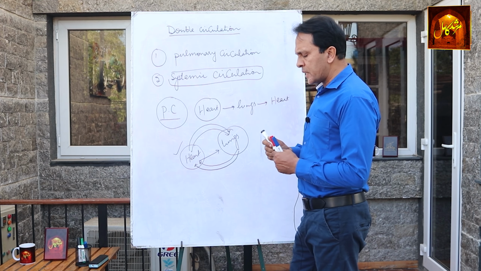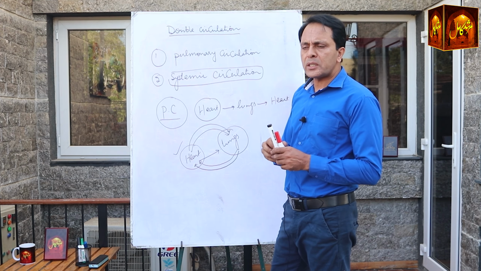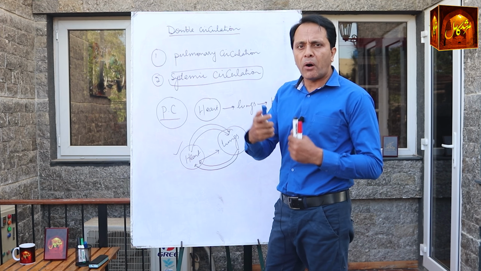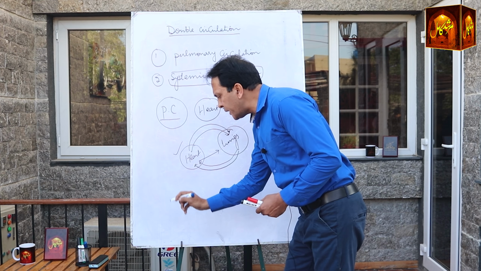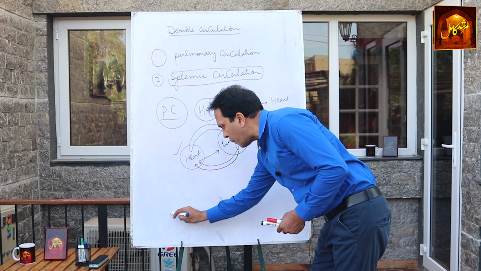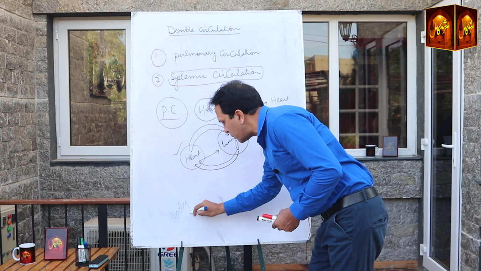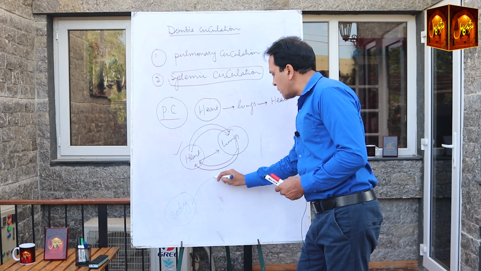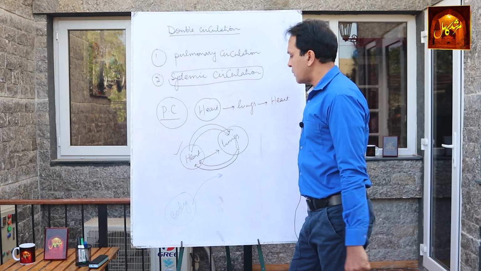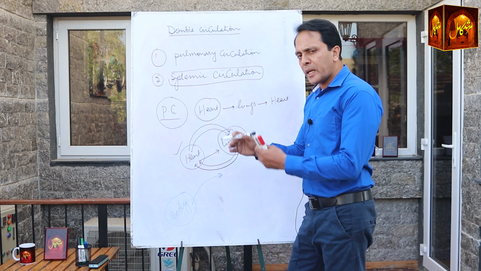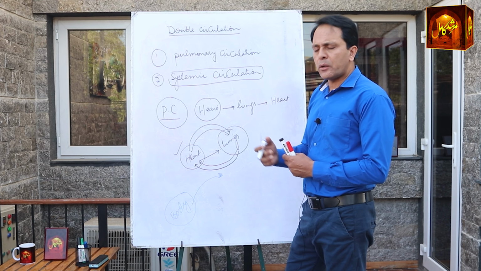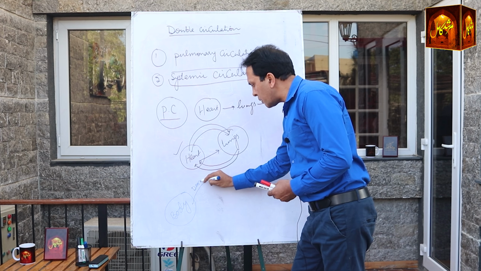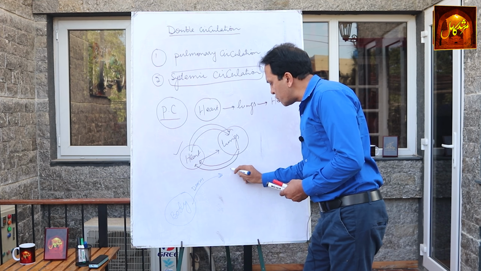Okay. Then we talk about the systemic circulation. Systemic circulation is actually circulation of your blood between heart and body. All the deoxygenated blood from the body will enter into the right side of your heart.